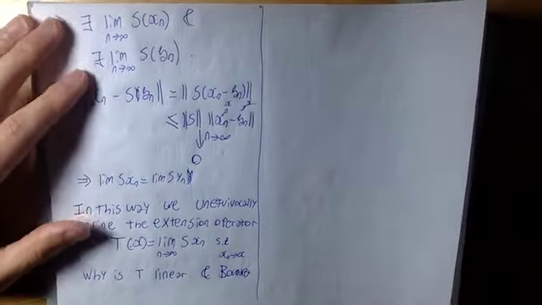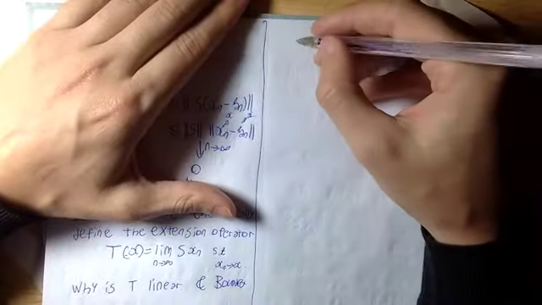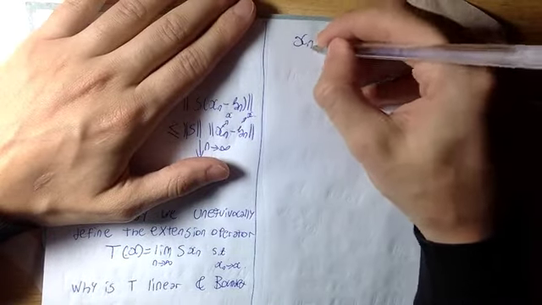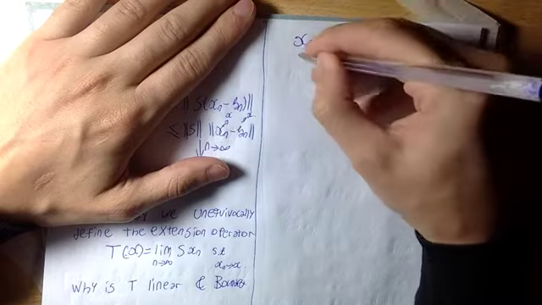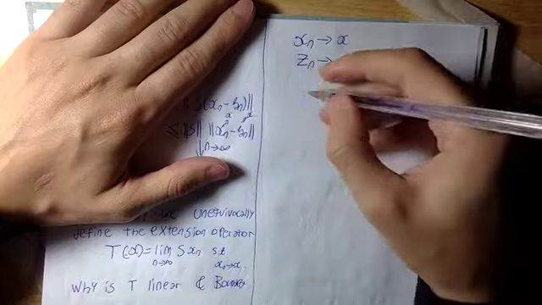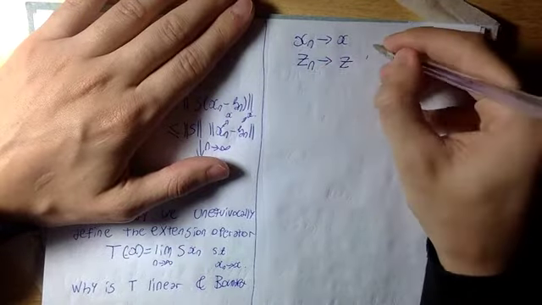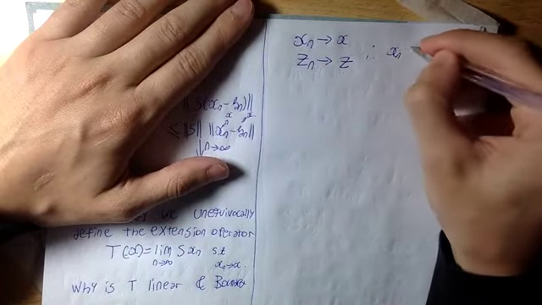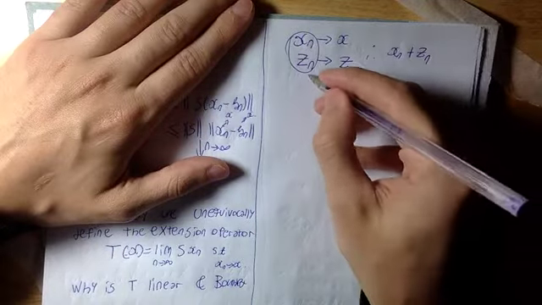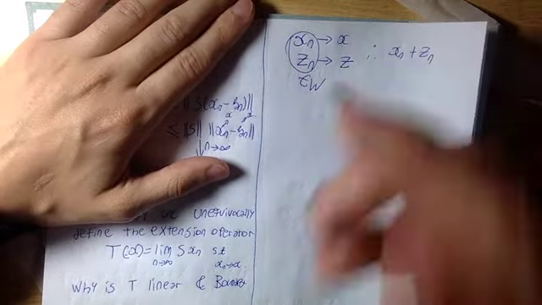Okay, so how do we check that T is linear? We take xn that converges to x and zn that converges to z. In particular, this implies that xn and zn are in W for every n.